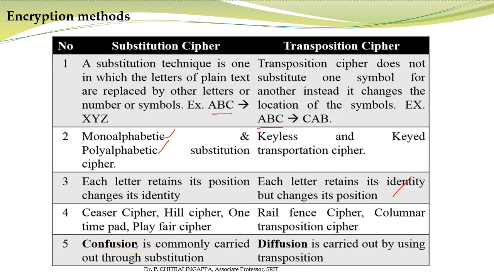Examples include Caesar cipher, Hill cipher, one-time pad, and Playfair for substitution, and rail fence cipher and columnar transposition cipher for transposition. Confusion is commonly carried out through substitution. Diffusion is carried out by using transposition.